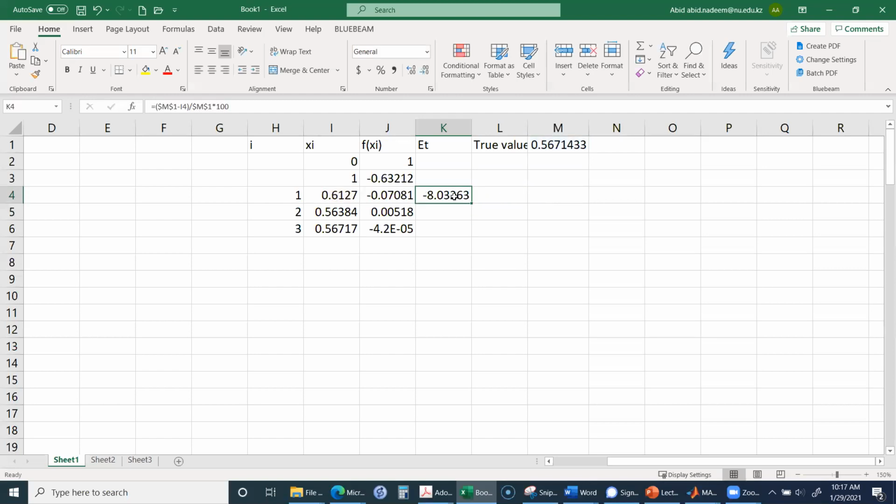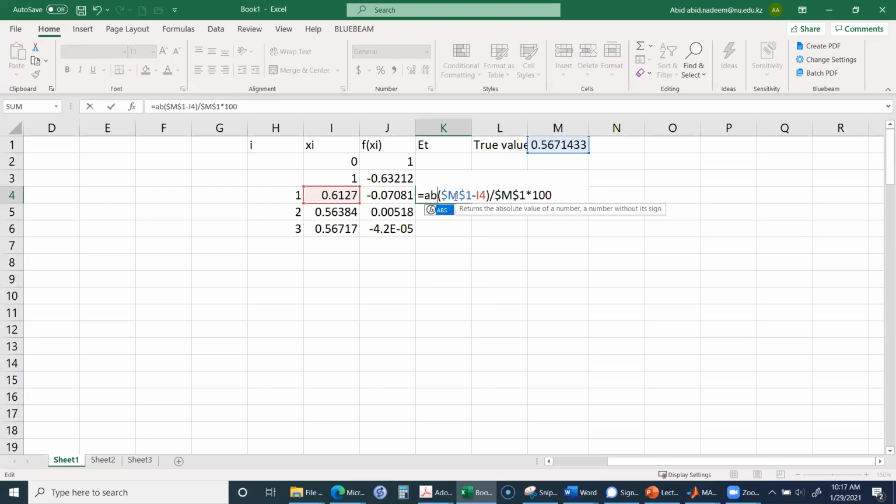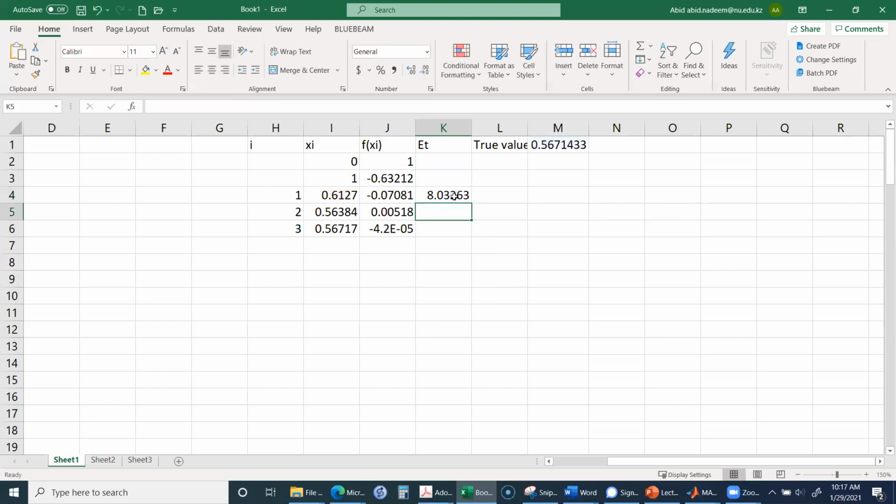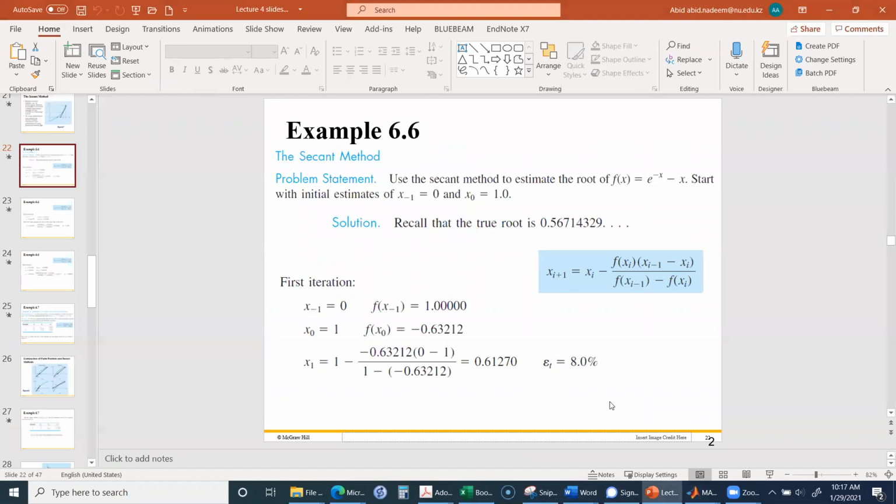So maybe I can take the absolute of this value, the absolute percentage error. So it is 8.03%, and for the next one it was 0.58%, and for the next one it was 0.004%. So you can see that we got the same answers, 0.56717, as in the first, second, and third iterations.